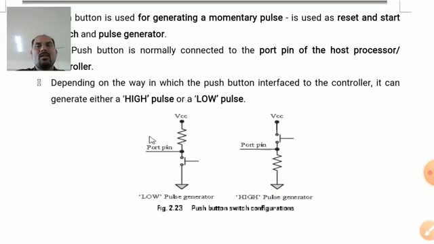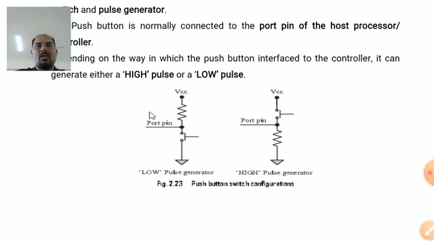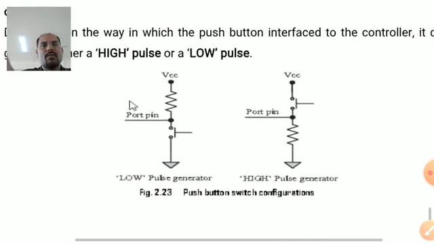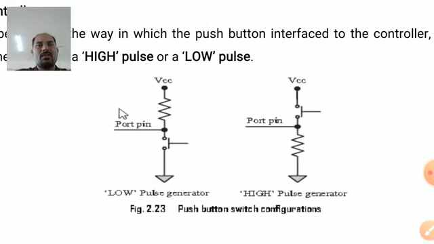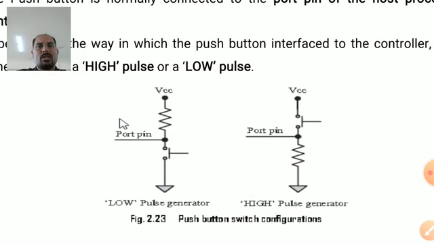Depending on the way in which the push button is connected to the controller, it can either generate a high pulse or a low pulse, as shown in the figure. Look at the left hand side figure, where the push button is connected between the ground and VCC. In between VCC and the switch, we have a port pin and a resistor.